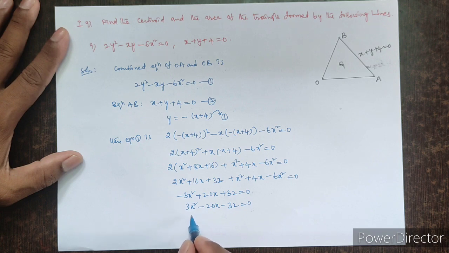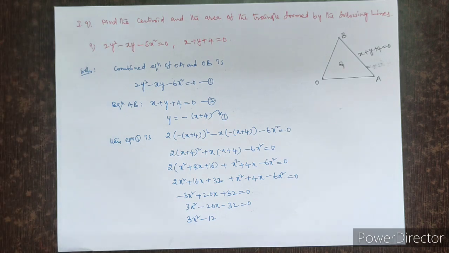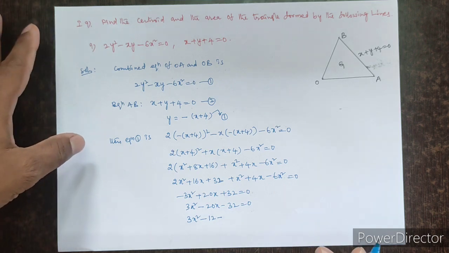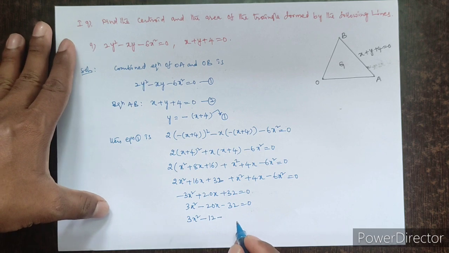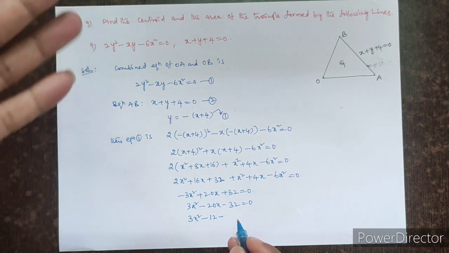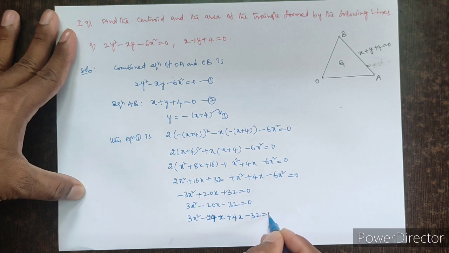Finding the factors of this quadratic equation: 3x square minus 24x plus 4x minus 32 equal to 0.